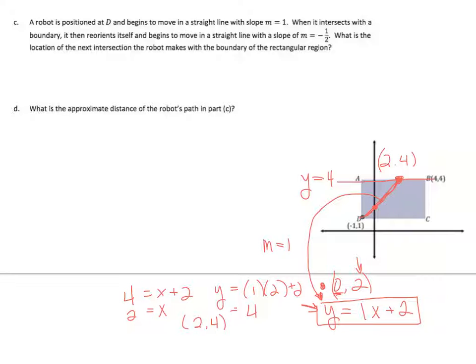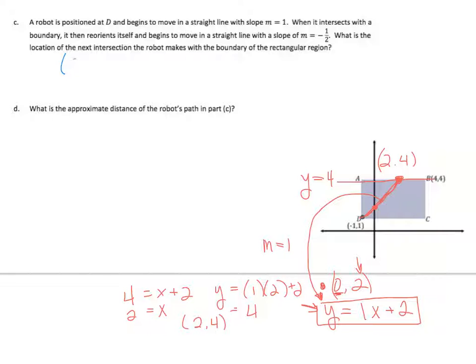So once it hits that boundary, it turns and it begins to move in a straight line with a slope of m equals -1/2. So let's find out where we go. So I'm starting here, and I'm going to go down 1 and over 2. Well, I'm at 2, 4. So if I go down 1, that's going to be -1.